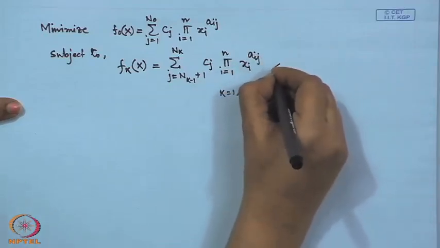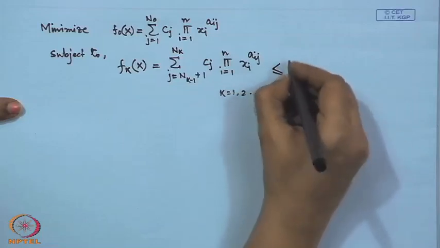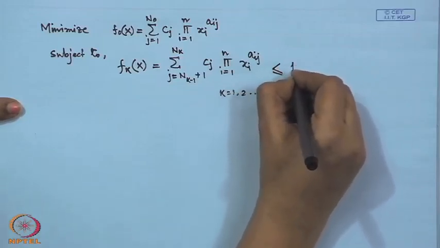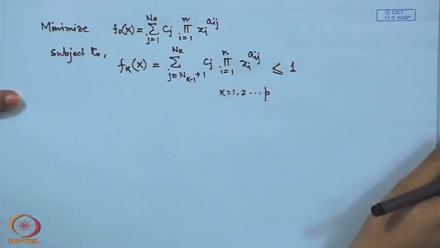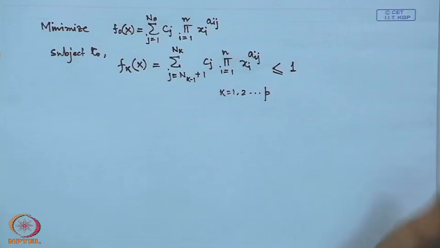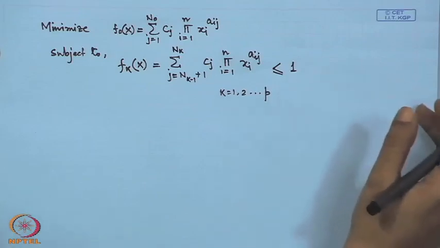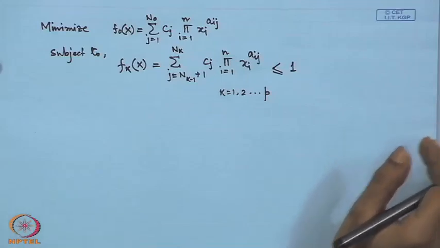Since this is a constraint, let us consider the constraint of the type less than or equal to; we can consider greater than or equal to even. This is a general geometric programming problem having constraints of the type less than or equal to. Later I will discuss the model with greater than type inequalities as well.